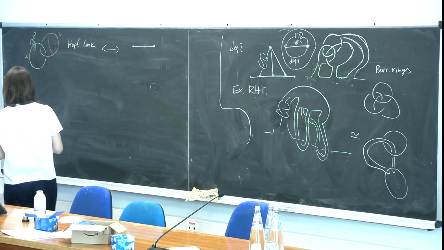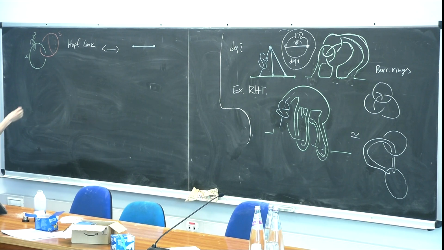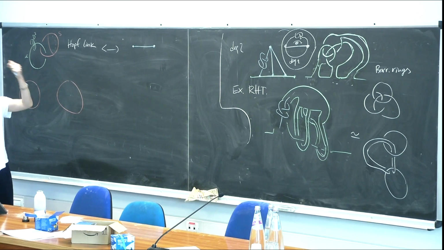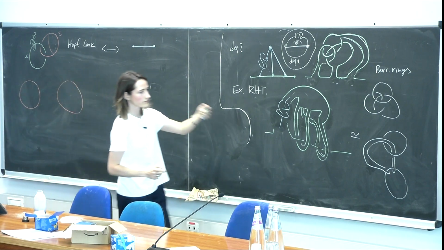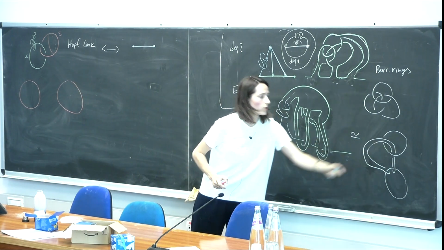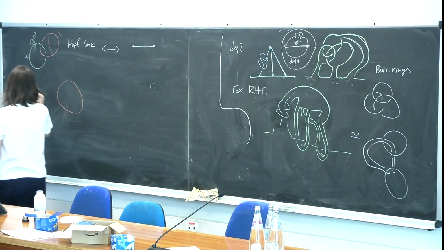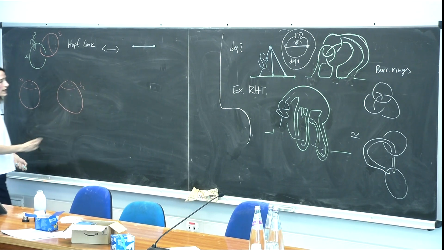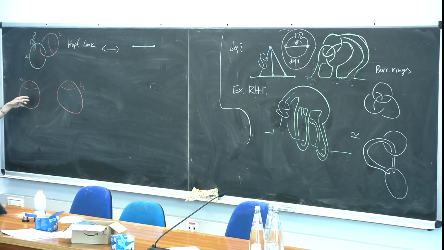Okay. And what about the Borromean link? Well, what we can also do is imitate this second description of the Borromean rings that I mentioned here. Instead of these two components that are circles, I'm going to draw two spheres, S1 and S2. Now, reversing the play here, what is the normal disk of a sphere? Well, it's two-dimensional, so it has a normal meridian, and this one as well.